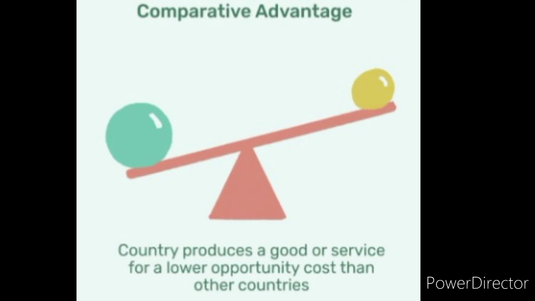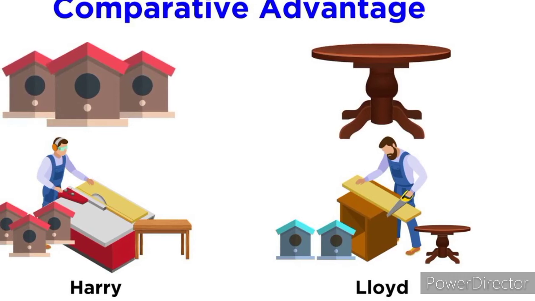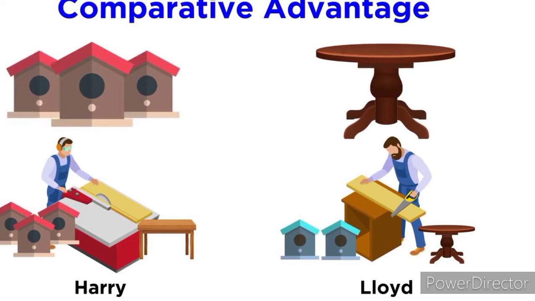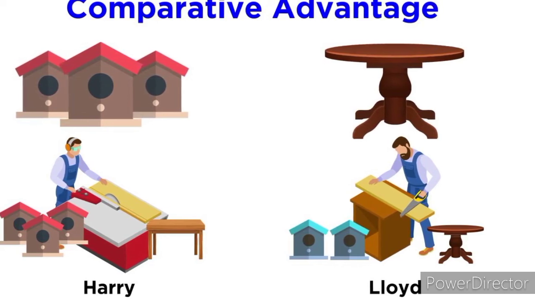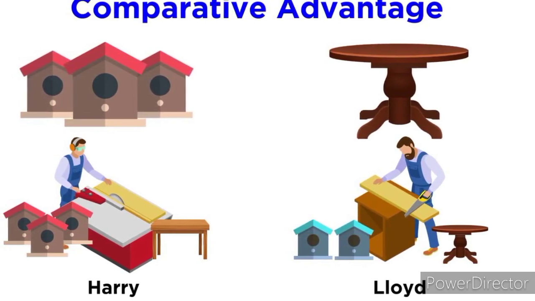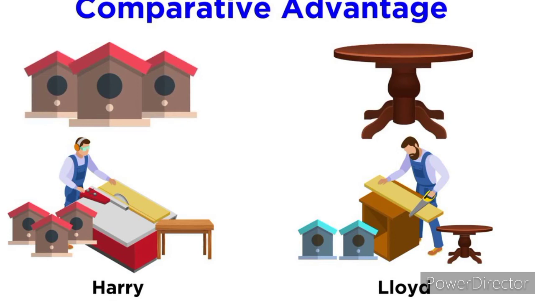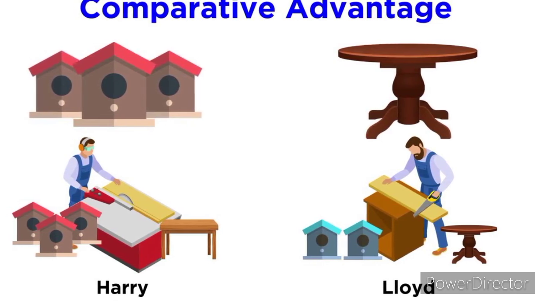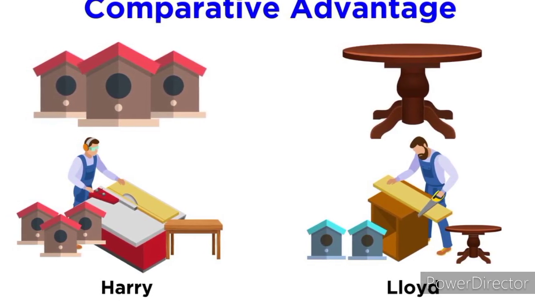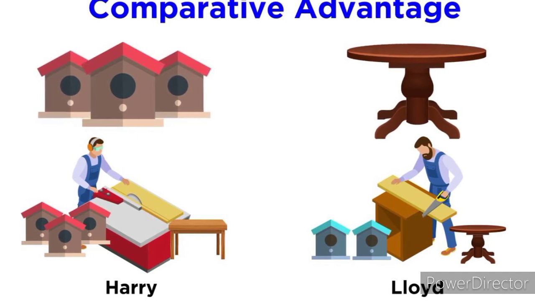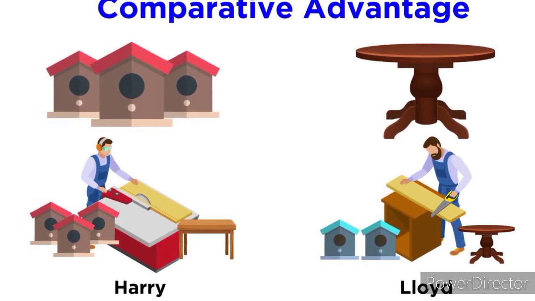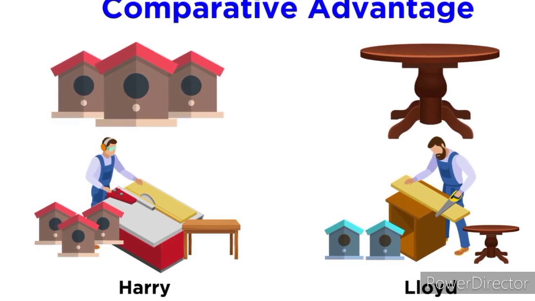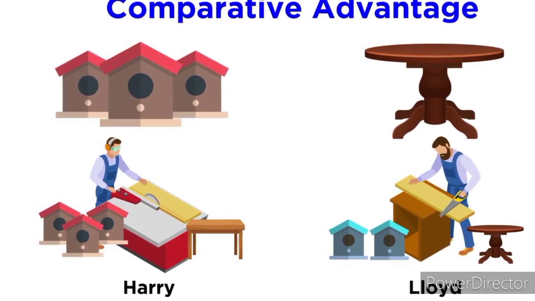Comparative advantage is an economy's ability to produce a particular good or service at a lower opportunity cost than its trading partners. The key to understanding comparative advantage is a solid grasp of opportunity cost. Put simply, an opportunity cost is a potential benefit that someone loses out on when selecting a particular option over another.